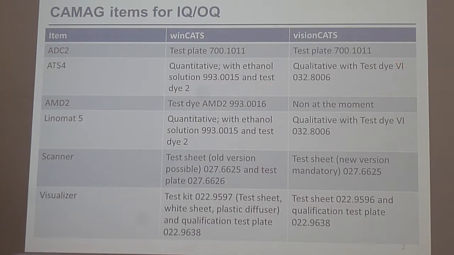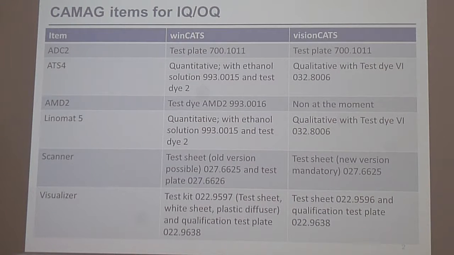With VisionCats at the moment, we have just a qualitative, or if you close both eyes, you could say a semi-quantitative one. So we say at the moment, this spot is bigger than the other one, something like that. But this is purely, for me, a qualitative way to go.